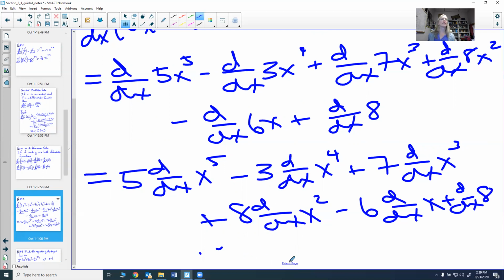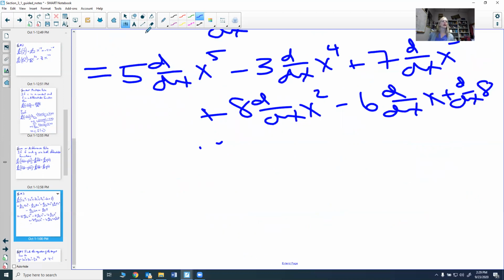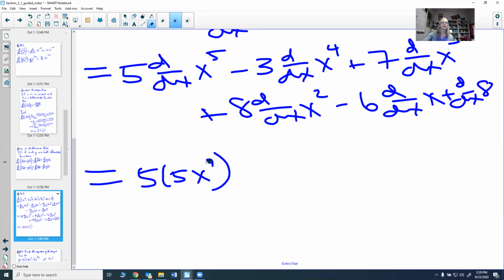So now I'll find all of these derivatives, and all of these derivatives will equal, well, let's see, the derivative of x to the 5th means, again, I bring the power down, subtract 1 from the power. Notice, by the way, that this 5 was out front, 5 times that, so 5 is times whatever that derivative is. So I left it as 5 times 5x to the 4th.